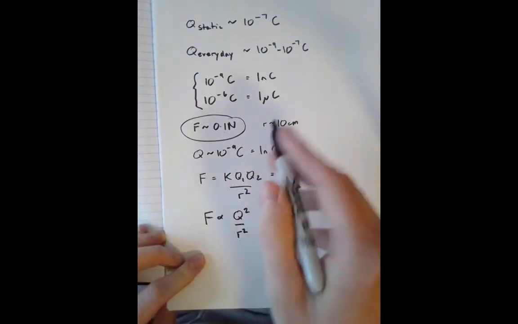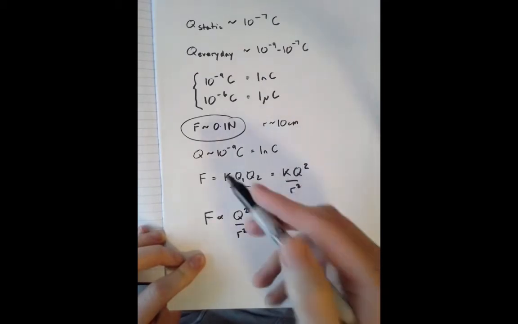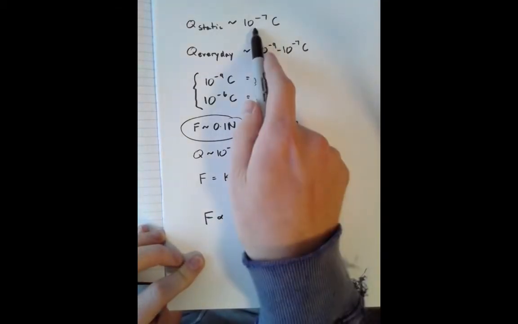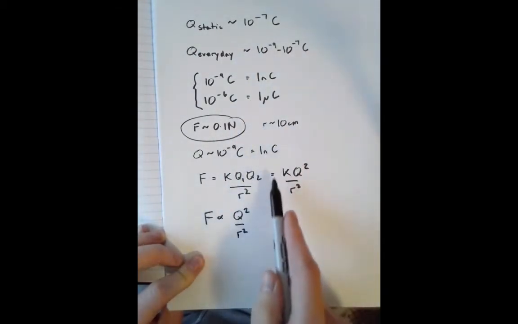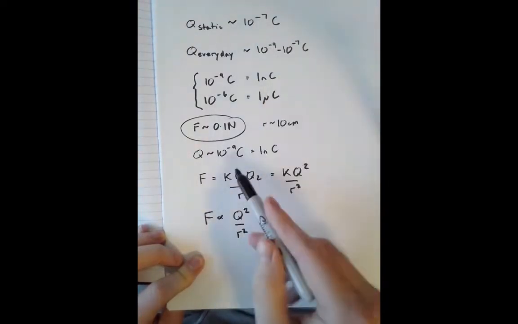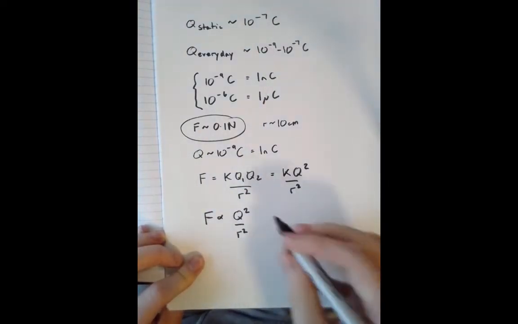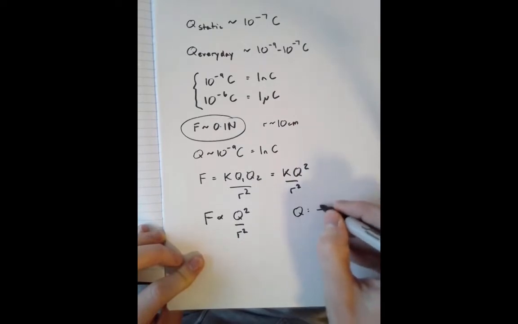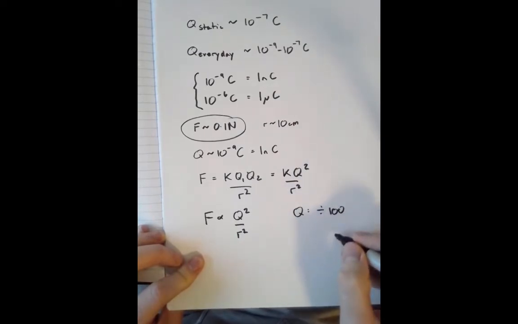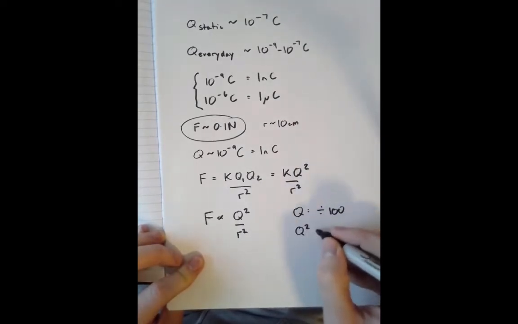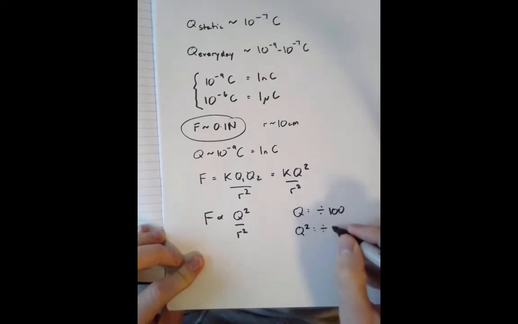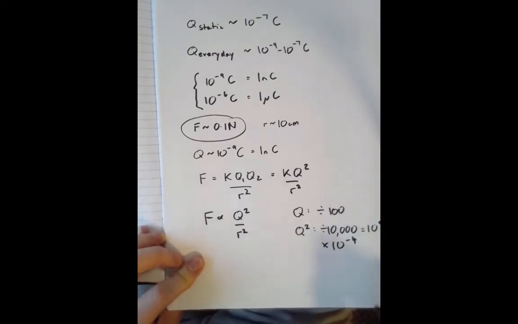Right, so what have we done to Q to go from 10 to the minus 7 to 10 to the minus 9 coulombs? We've gone down two orders of magnitude, so Q has been divided by 100, right? Which means Q squared has been divided by 100 squared, which is 10,000, right? Which is 10 to the 4. So this is the same as multiplying by 10 to the minus 4, okay?